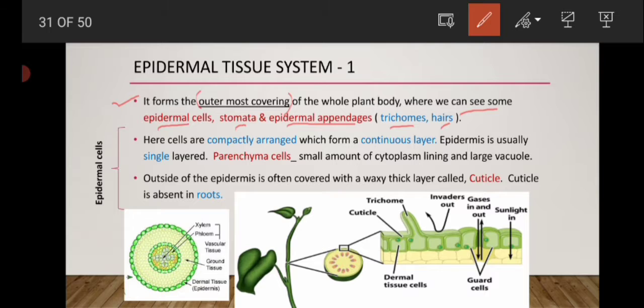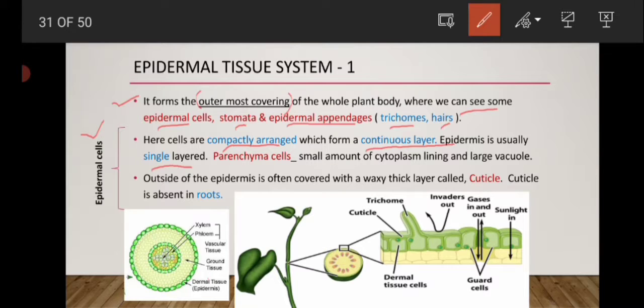So first is epidermal cells. Here the cells are compactly arranged. That means there is no intercellular space between the cells, and they form a continuous layer. Now epidermis is usually single layered.